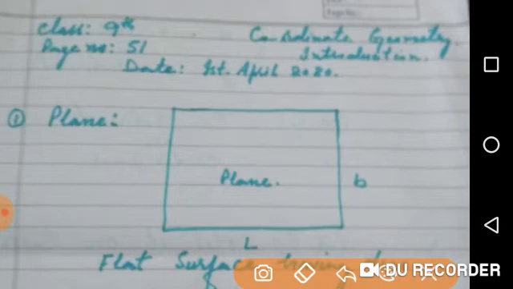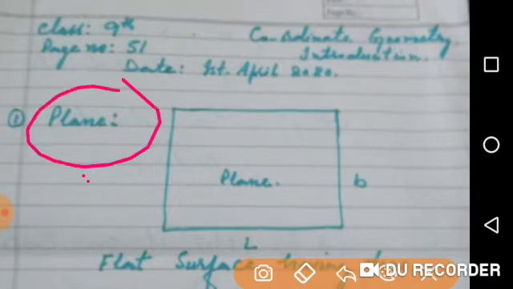Let us do introduction to this chapter of coordinate geometry. Then we will try some textbook questions to make our concept more vivid and clear. So the first thing in this chapter which you should know is plane.